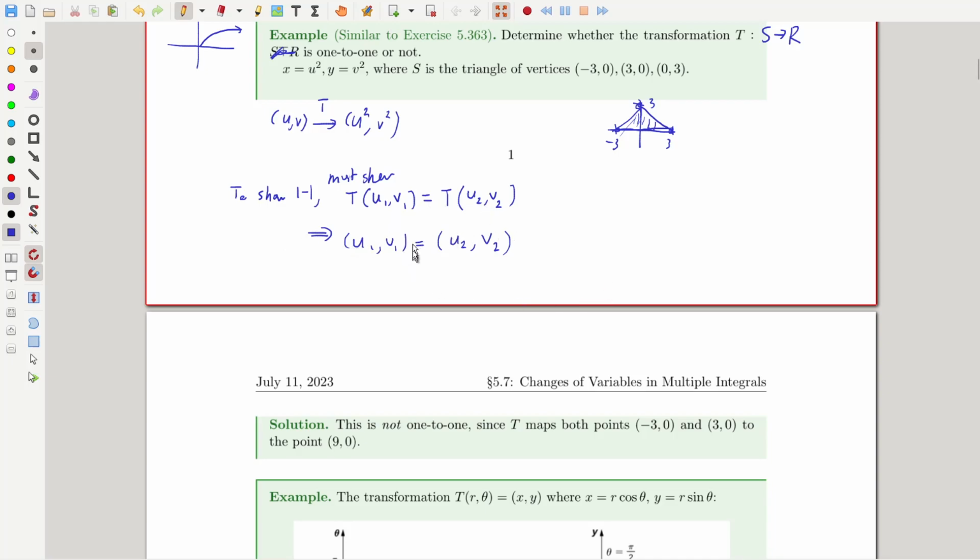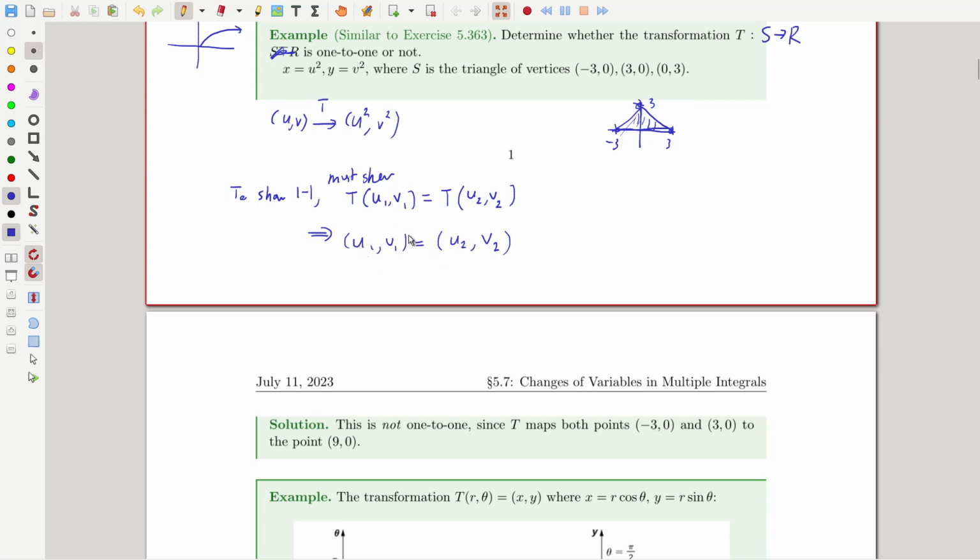This is how you would show a map is one-to-one on a domain. It would be showing that this equality implies this equality, meaning that if any 2 points got mapped to the same thing under T, it had to have been that the original points you started out with were the same point.